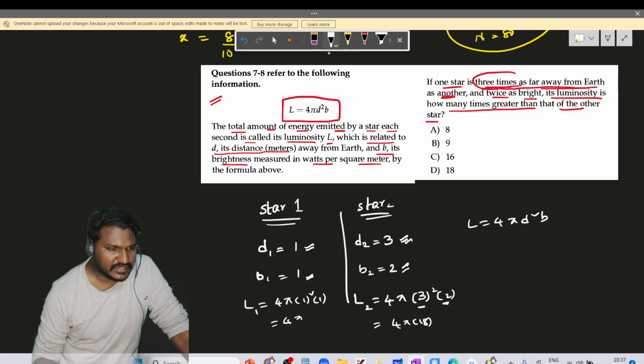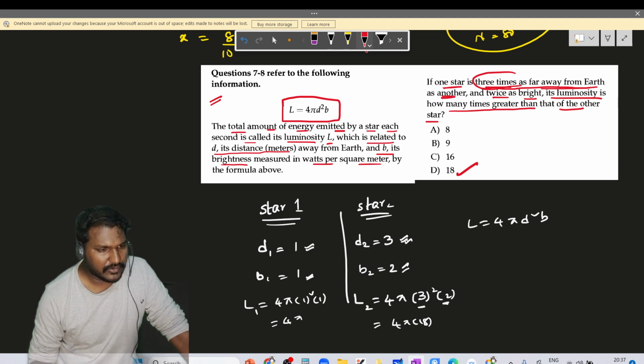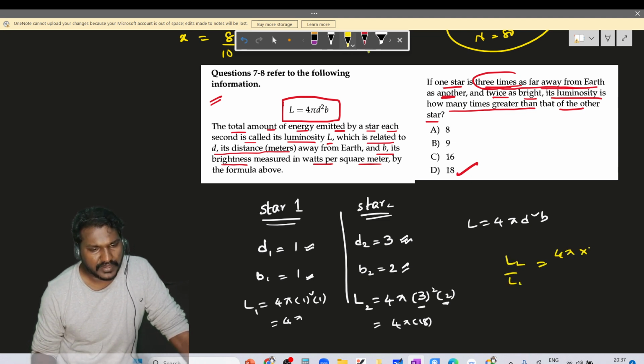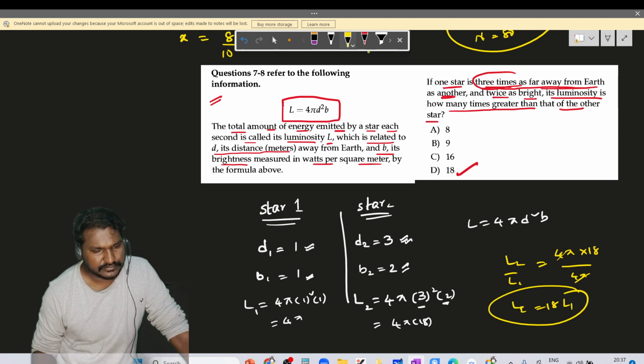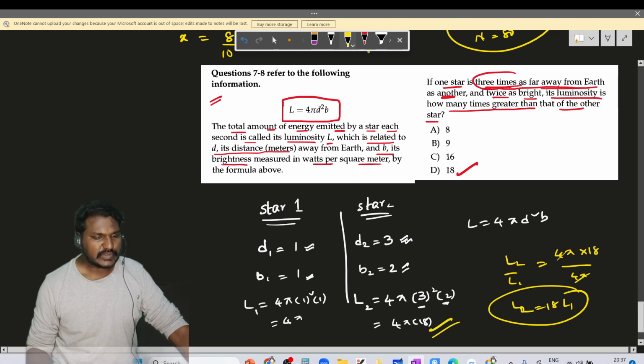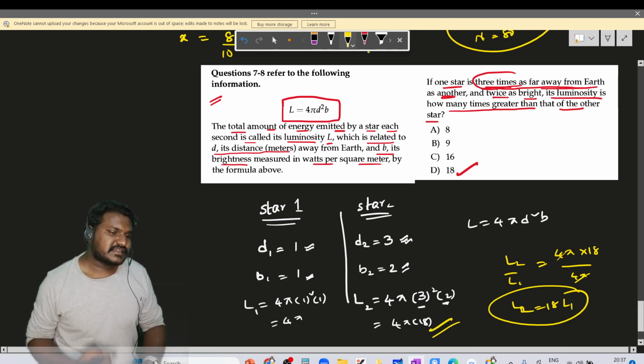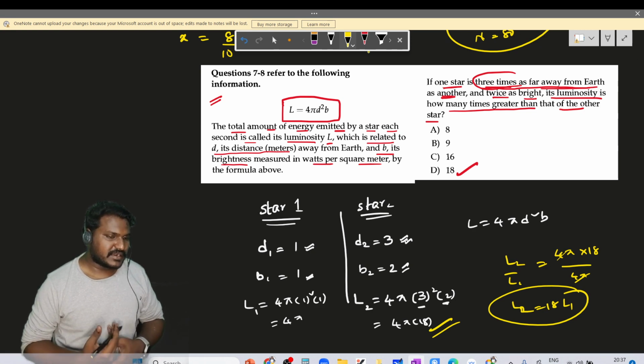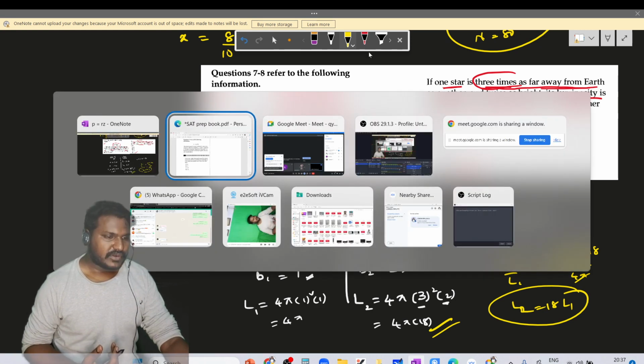So we can clearly say that the new star is 18 times greater. We can also get this by division: L2 by L1 is equal to 4 pi into 18 by 4 pi. The 4 pi cancels, so L2 is equal to 18 times L1. So 18 times greater. It is just like using the cone formula, one third pi r square h, or the volume of a sphere.